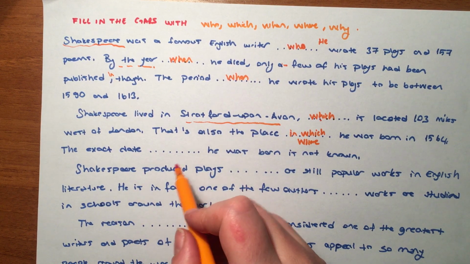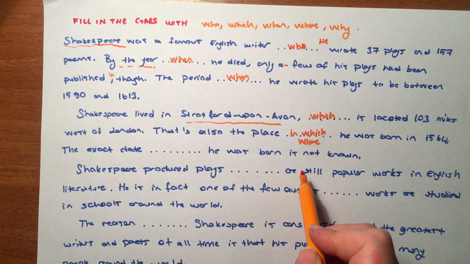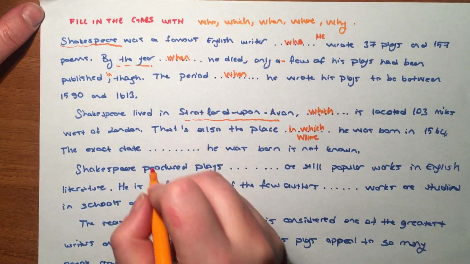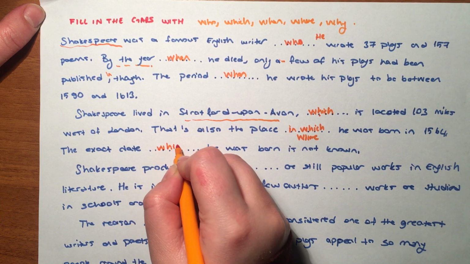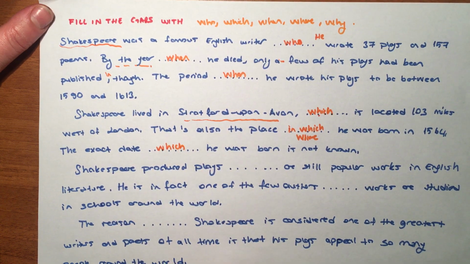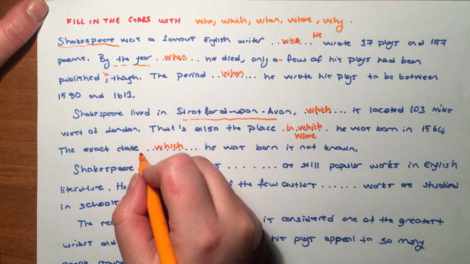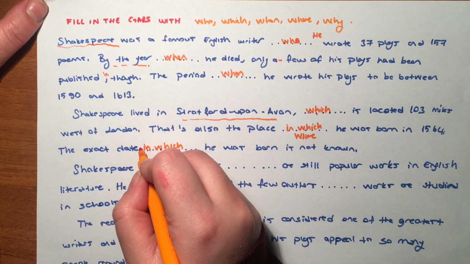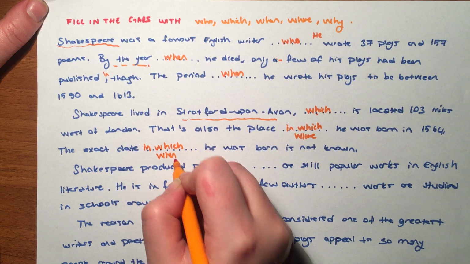Okay. Let's continue. The exact date, blah blah blah, he was born is not known. The exact date, you can say which. Okay, he was born is not known, but in which, or when.